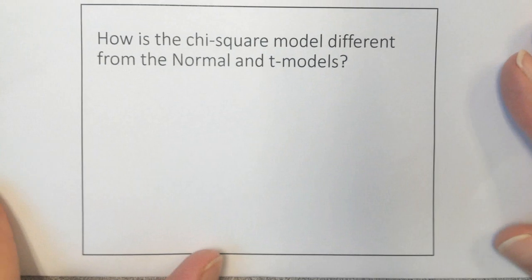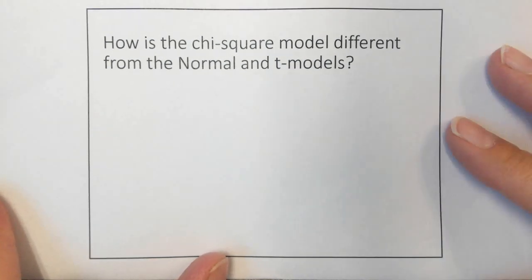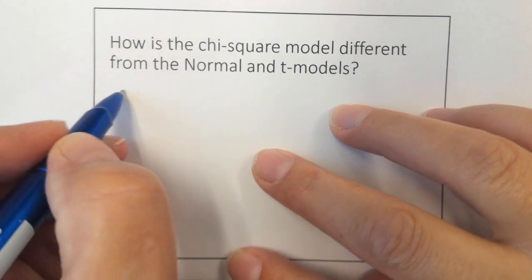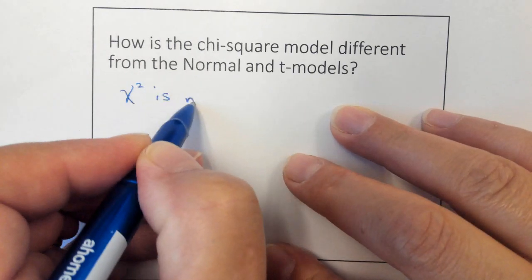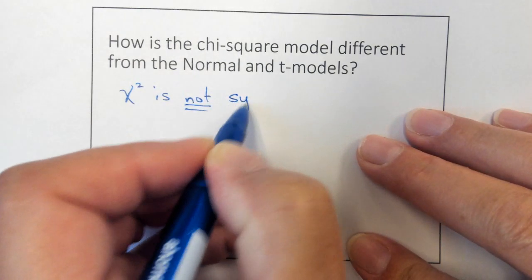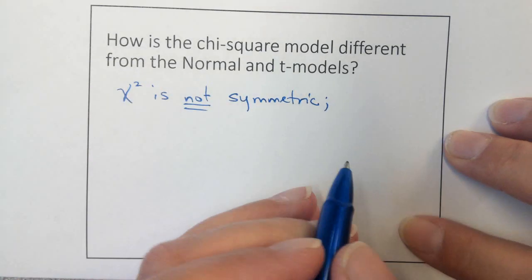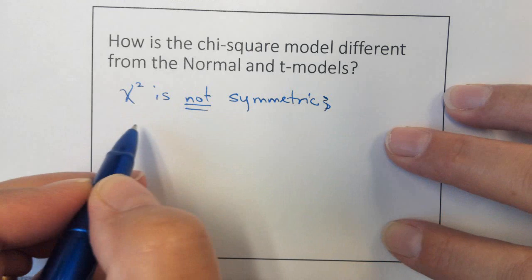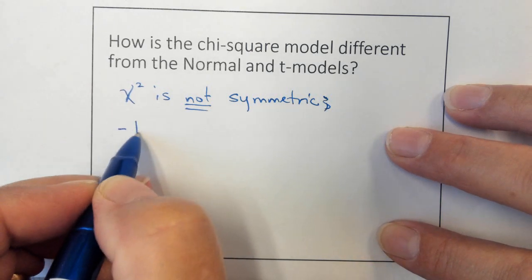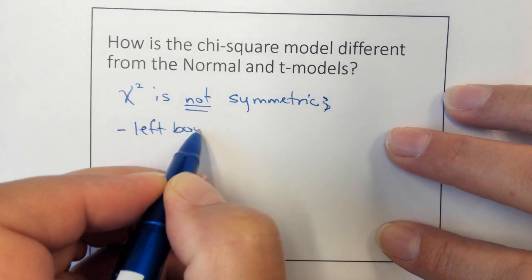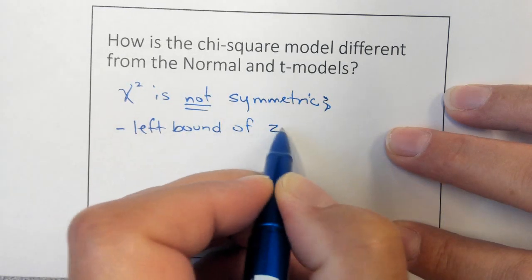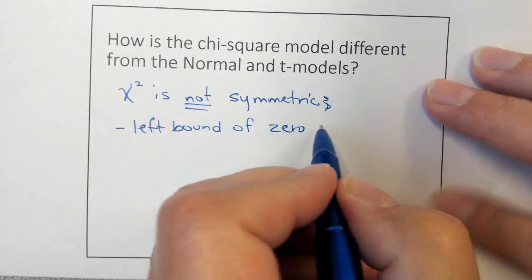Moving on to the next page, how is the chi-square model different from the normal and T models? Well, the biggie is that it's not symmetric. So chi-squared is not symmetric. Well, it has a left bound of 0, which means there are no negatives.